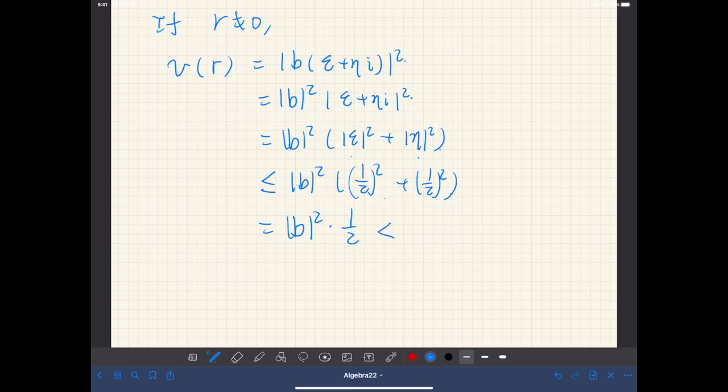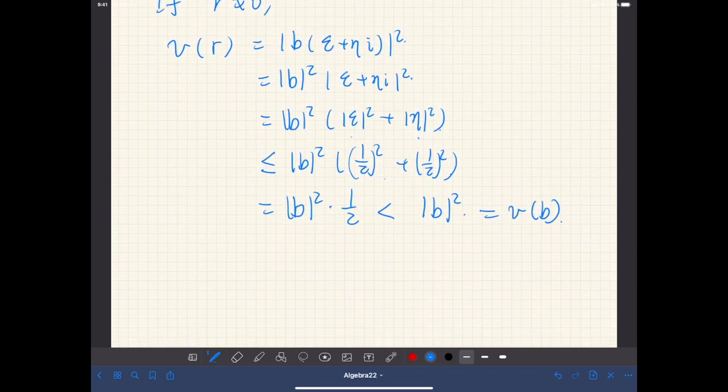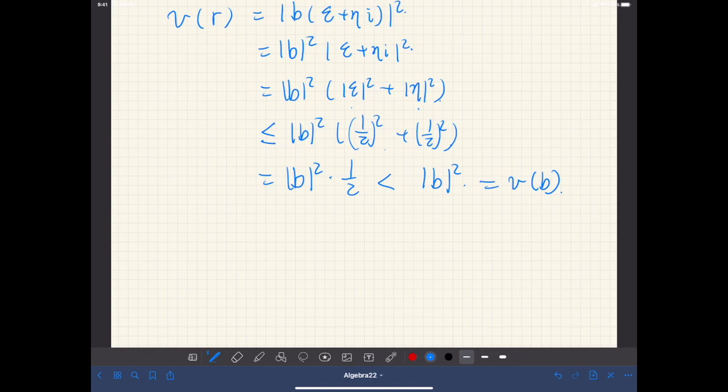This is less than B squared, which is the value of V of B. Therefore, we have found appropriate Q and R, and we are done.